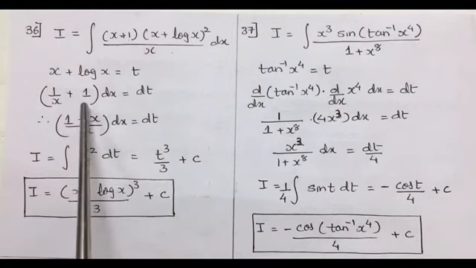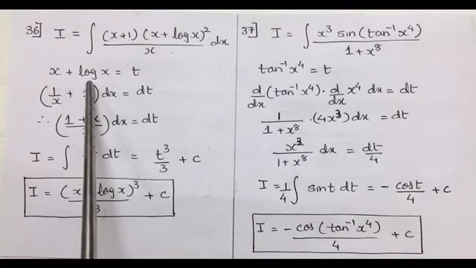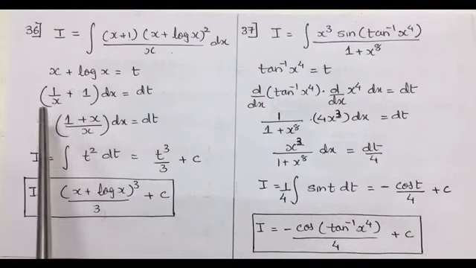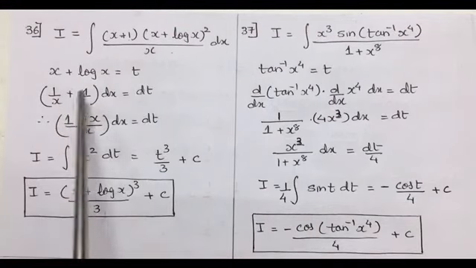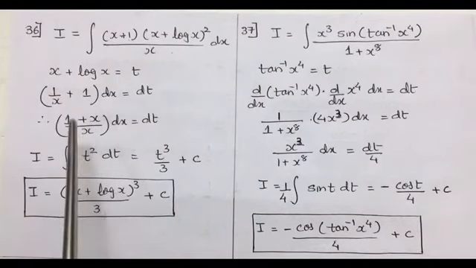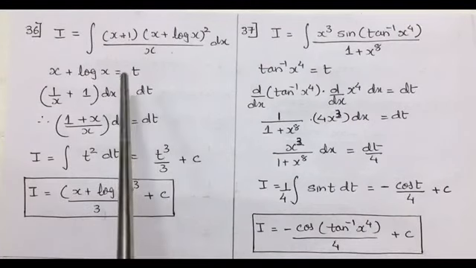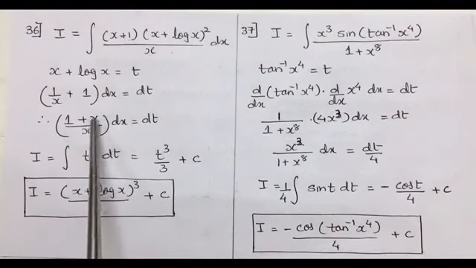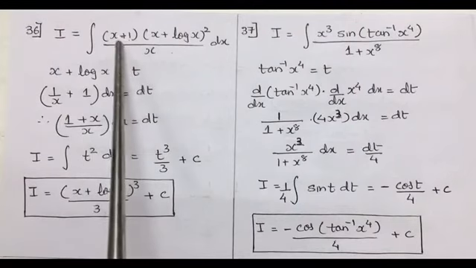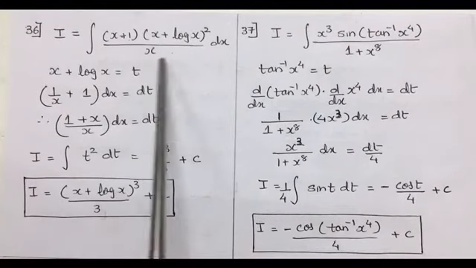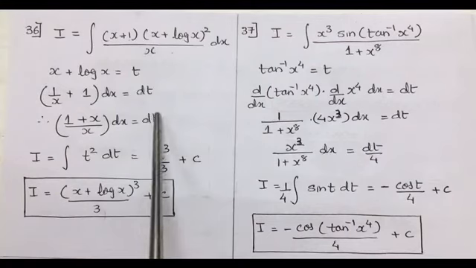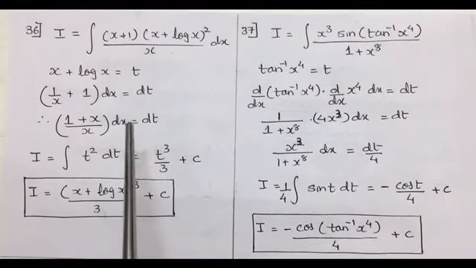Differentiating x gives 1, and log x differentiation is 1 by x. So (1 plus 1 by x) dx is equal to dt. Taking the LCM, we get (1 plus x) upon x dx is equal to dt. Now (1 plus x) upon x dx is already given in the example, which will be replaced by dt.